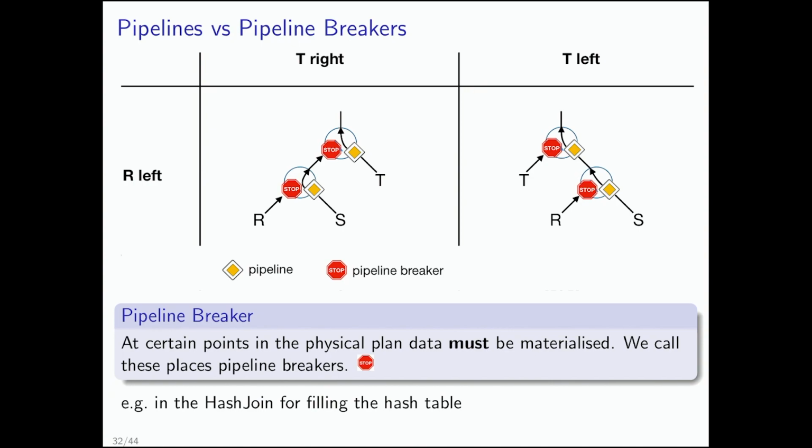So when you have a plan like this, and the plan is implemented through these hash joins, what that means is when you start building the hash table on this left input, which is relation R, nothing really happens. You're just consuming all of this stuff and materializing it into the hash table.